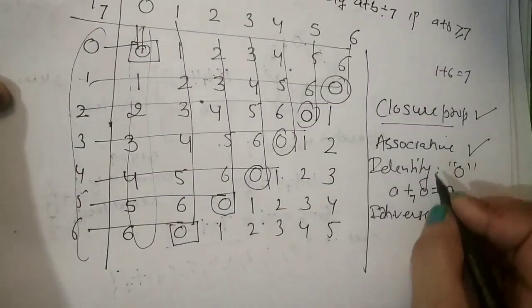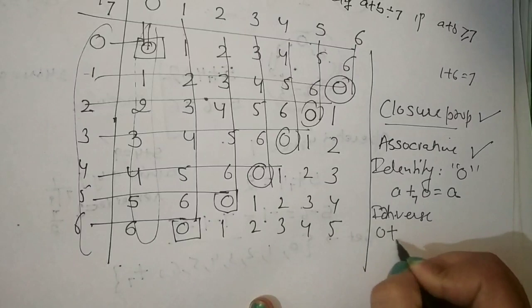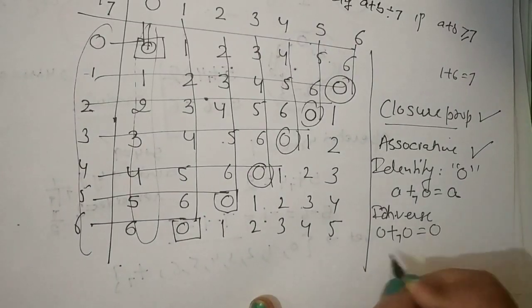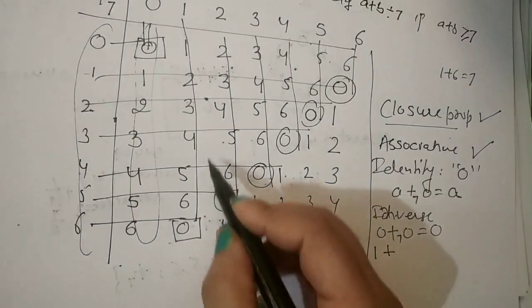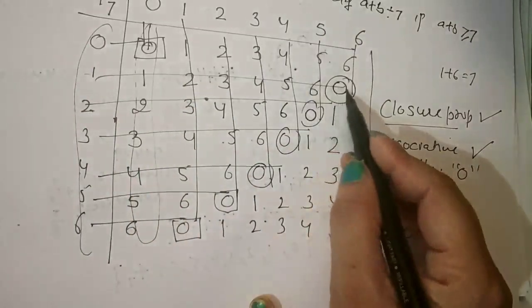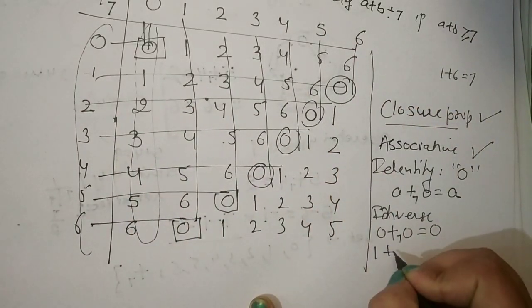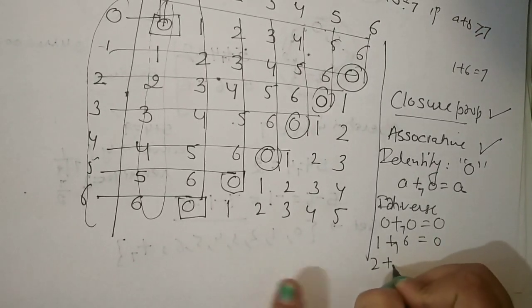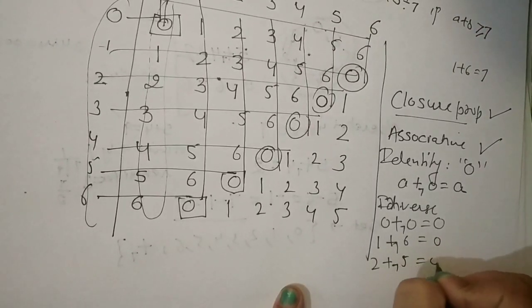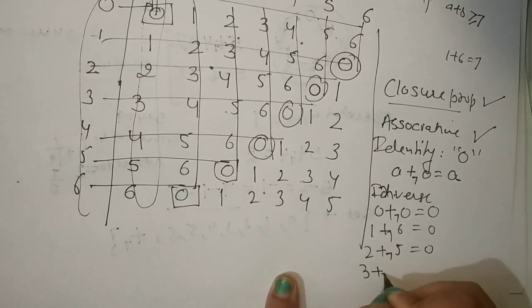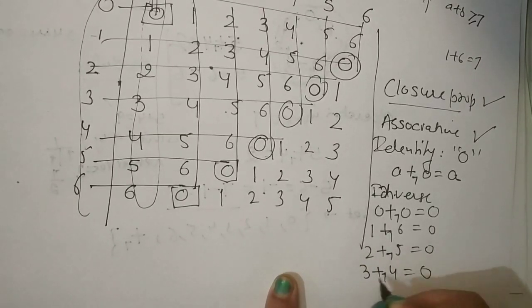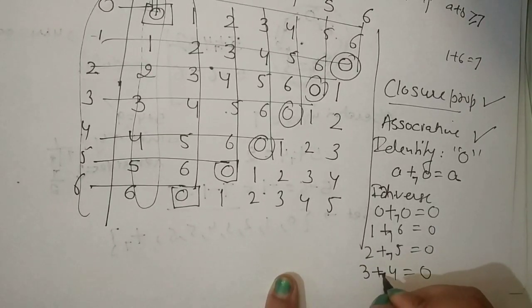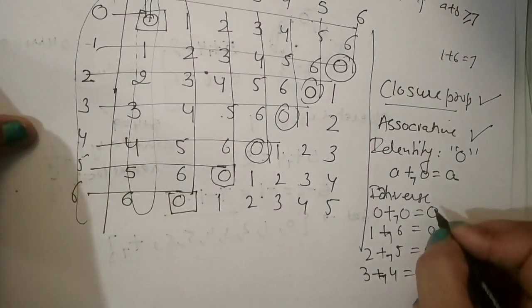You can also write it like 0 plus 0 is 0. 1 plus, now the inverse of 1, 1 plus 6 is 0. 2 plus 5 is 0. 3 plus 4 is 0. It is not actually plus, it is addition modulo 7.